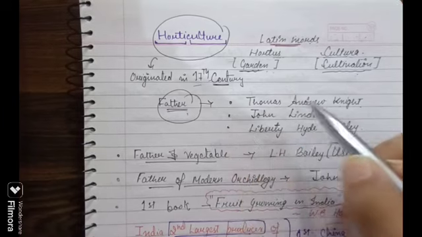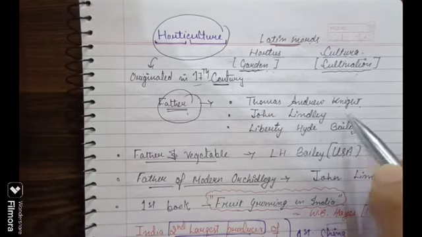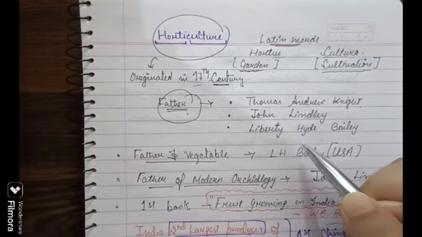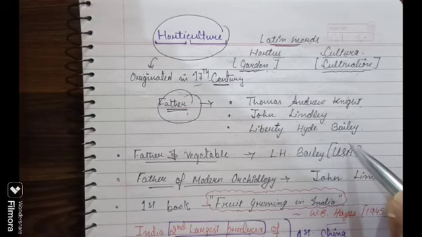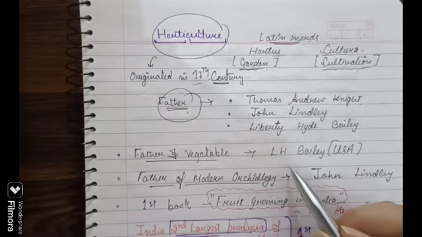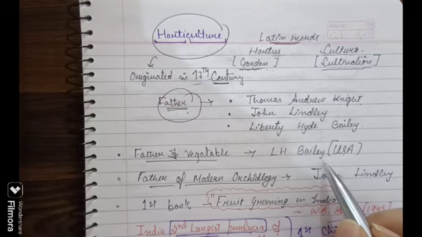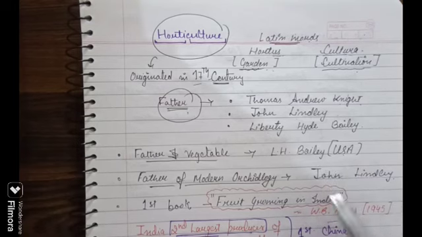Father of horticulture was Thomas Andrew Knight, John Lindley, Liberty Hyde Bailey. Father of vegetable, L.H. Bailey from USA. Father of modern orchidology, John Lindley.